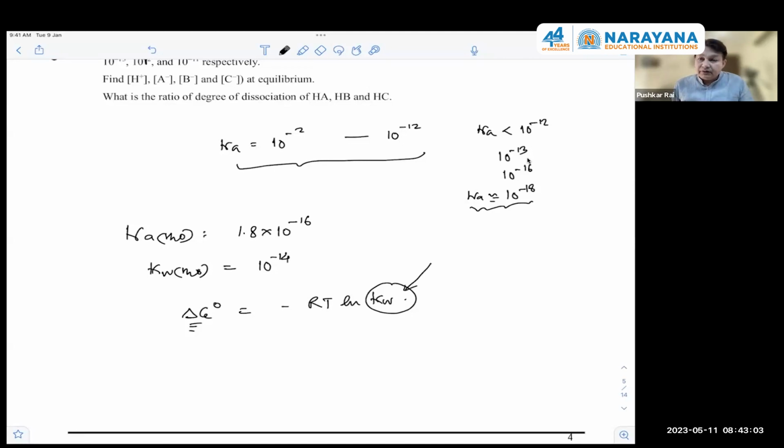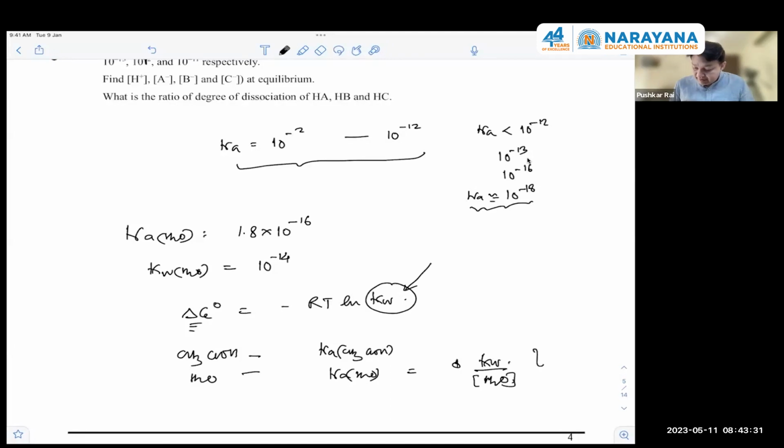But for comparing the strength of an acid with water, suppose I want to know which acid is stronger, CH3COOH or water, then what will I be using? I will be using K of CH3COOH, and I will be using K of water. So K of water is equal to KW upon the concentration of water.